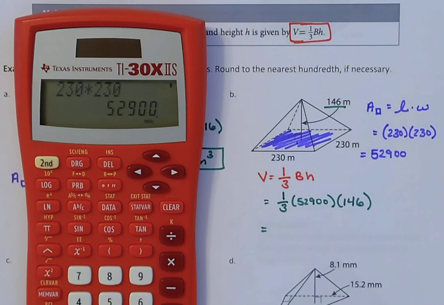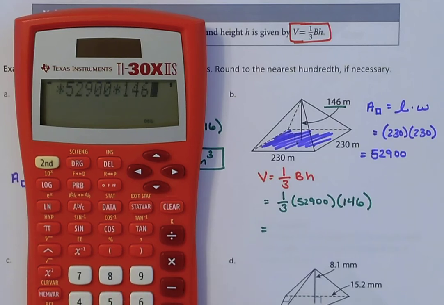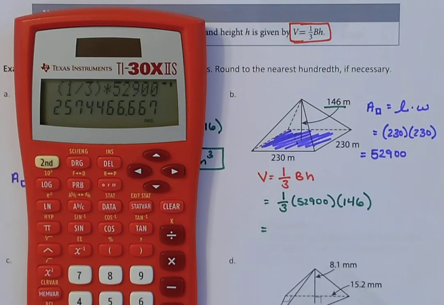Now that I have everything plugged in, we can just go through and type this into our calculator and figure out our volume. So 1/3 times 52,900 times 146. And that gives us 2,574,466.67, because we want to round to the nearest hundredth, which is 2 decimal places.